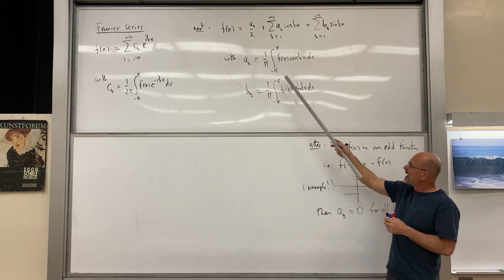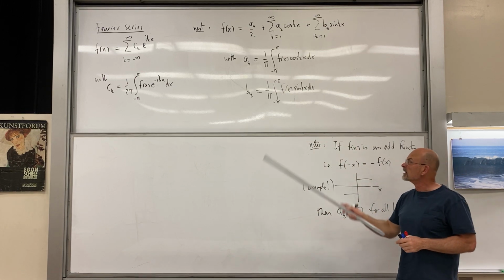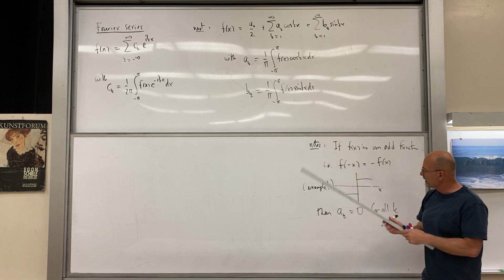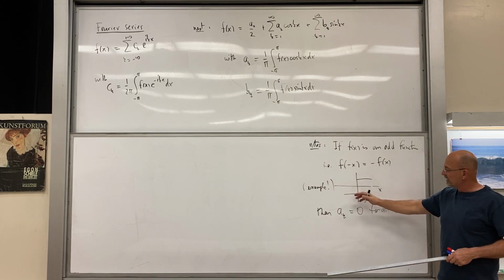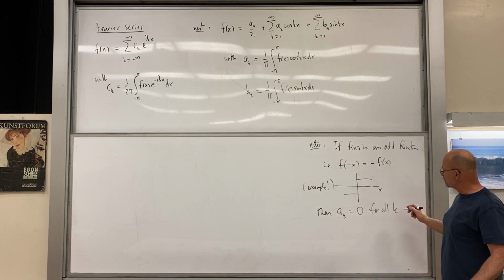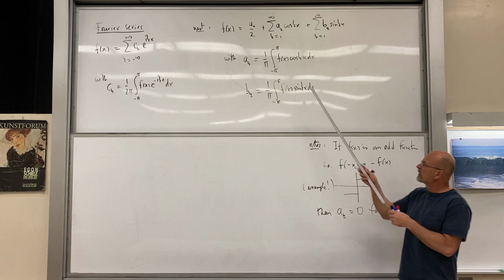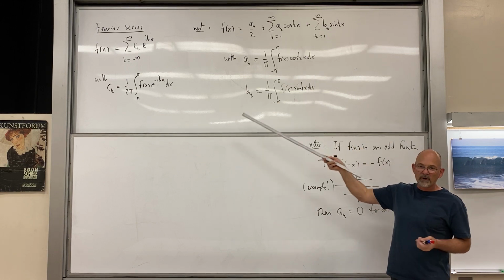And when you integrate that odd function from minus pi to pi on that symmetric interval, the left side integral is equal to minus the right side integral. So it's kind of a trivial proof. I just gave it, or you can go in there and prove it rigorously.